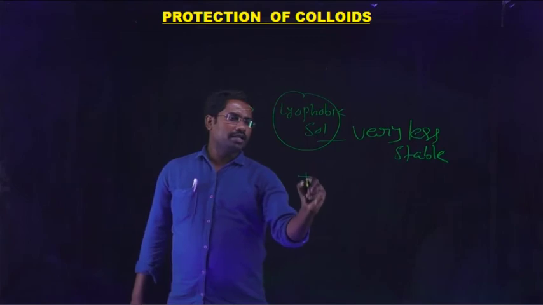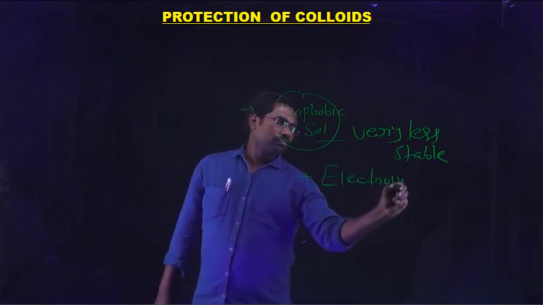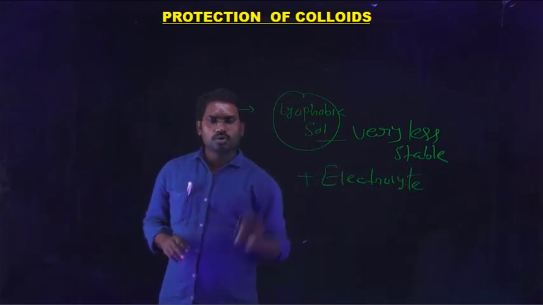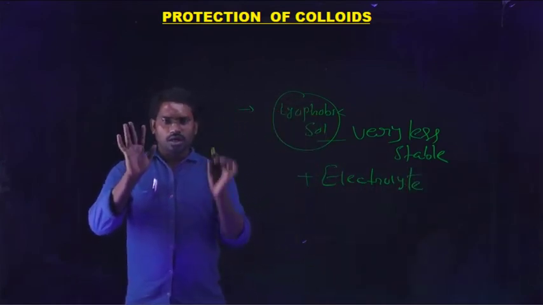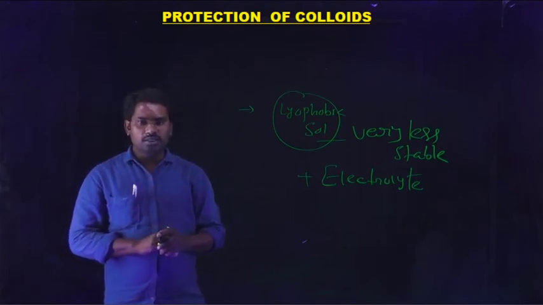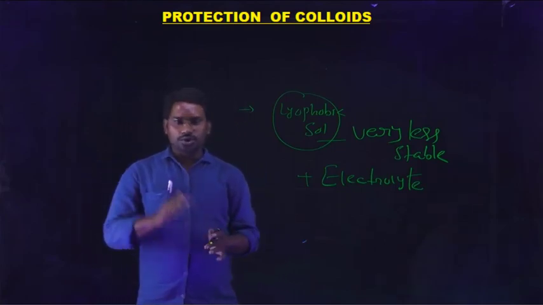When we are adding an electrolyte to the less stable colloidal solution, that is lyophobic, then the opposite charge particles undergo neutralization and get precipitated. That is known as coagulation, you know very well.